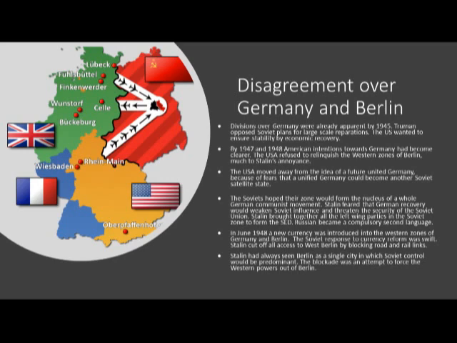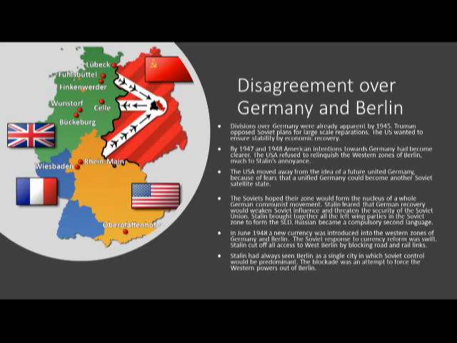So Stalin very quickly began to build up communist forces in the Soviet zone of occupation, using the same tactics that he'd used in Central and Eastern Europe. He brought the Communist Party and the Socialist Party together to form the Socialist Unity Party, which would become the single ruling party in communist East Germany.